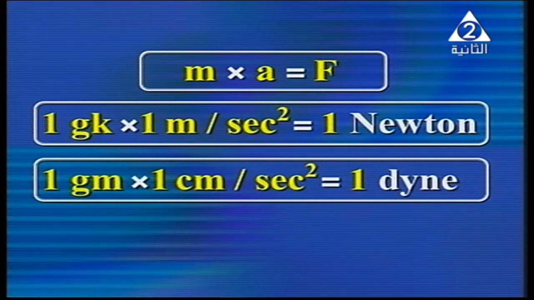Newton. Why? Newton equals 10 power 5 dyne. Remember, the smallest unit of the force is called dyne, and the dyne is gram centimeter over second square. This is the unit of the equation ma equals F.